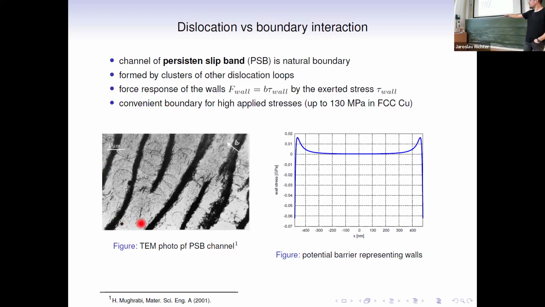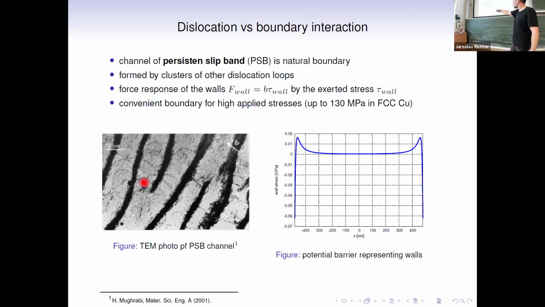If you look at these TEM photos, you can see thick black bands, and these black bands or stripes are actually walls created by clusters of dislocations accumulated one to another. Their density is so high that even in TEM photos it appears homogeneously black. They create something like a channel structure. What is interesting is the dynamics between such walls of the channel.